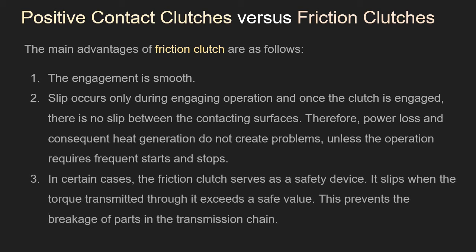And one of the main advantages of a friction clutch is that on certain occasions, it serves as a safety device. That is, in case the power exceeds the safe value, the friction disc will slip, because of which damage to the transmission chain is prevented. Right? Therefore, the nature of operation of a friction clutch has a certain safety net to it. Okay. So let's go on to the next slide.